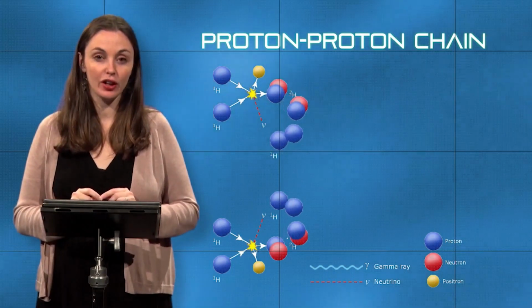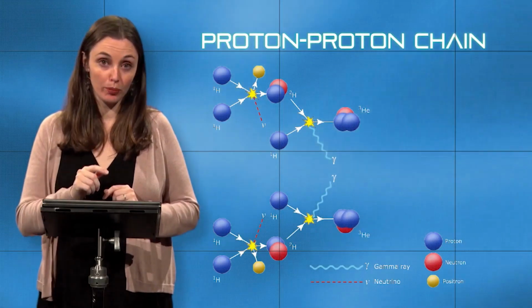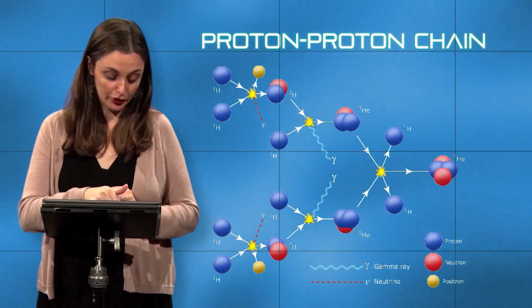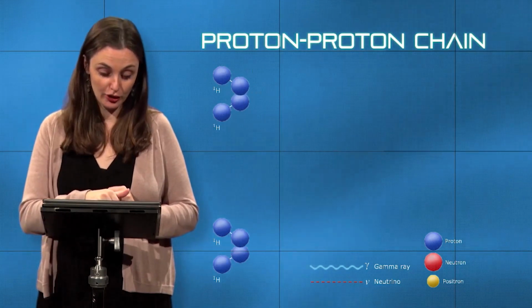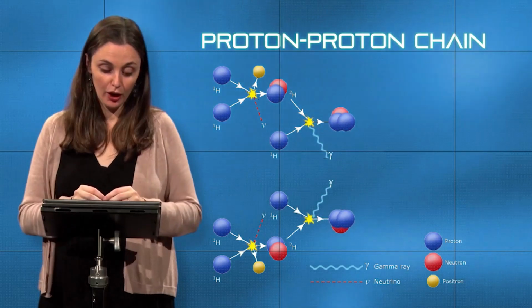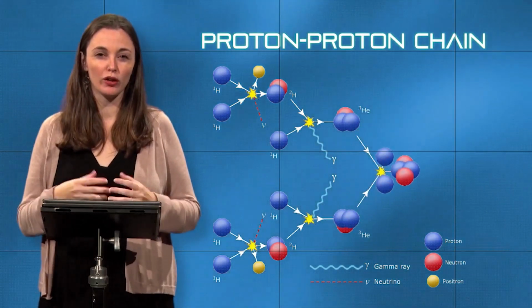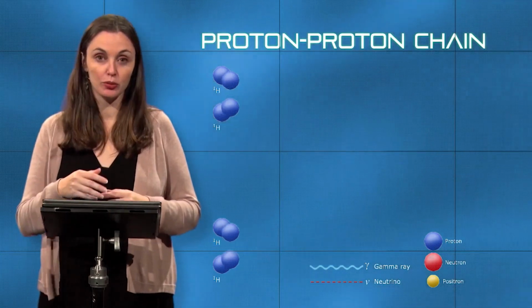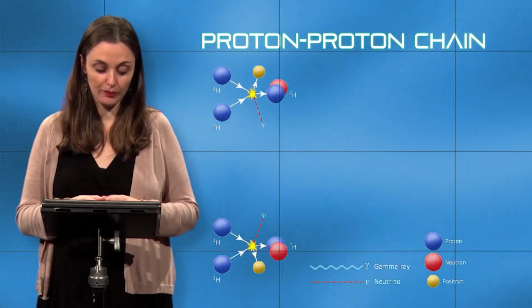What you can see here is starting out with 4 protons. So it's the proton-proton chain. The 4 blue balls in this picture are the 4 hydrogen atoms. They first come together, 2 at a time, to produce a weird form of hydrogen with a mass of 2. And you also produce neutrinos in that reaction.